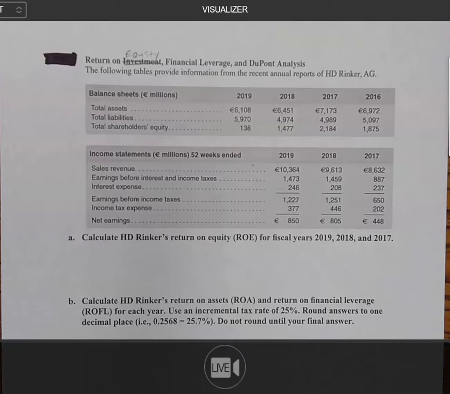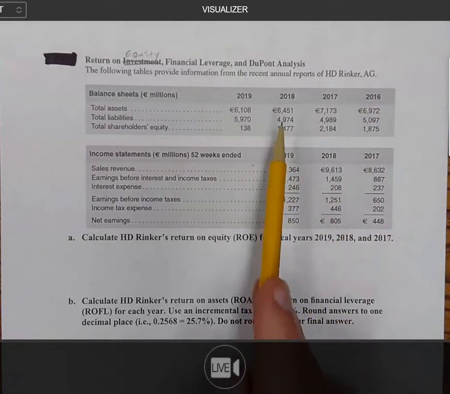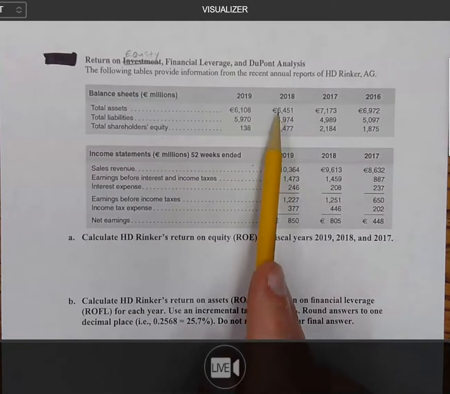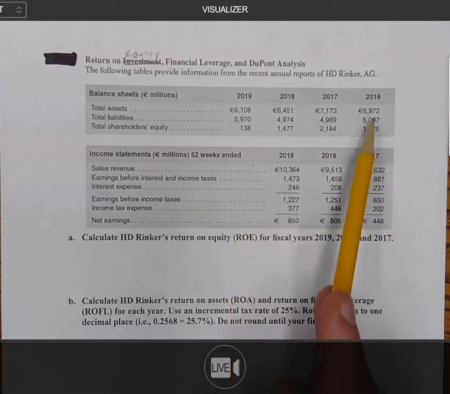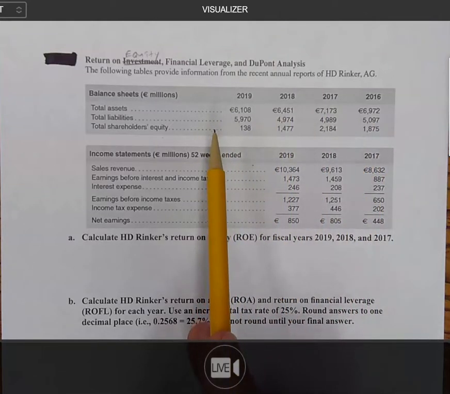So we have some selected data from a company. Their name is H.D. Winkler, and we have some selected data from their balance sheets and from their income statements, and these are what we would call comparative statements as they go for a number of years.